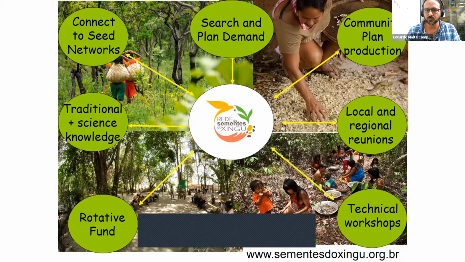And we also always value traditional knowledge and take the best advantage of its links to scientific production in order to deliver seeds adequately and with good genetics to restoration projects.